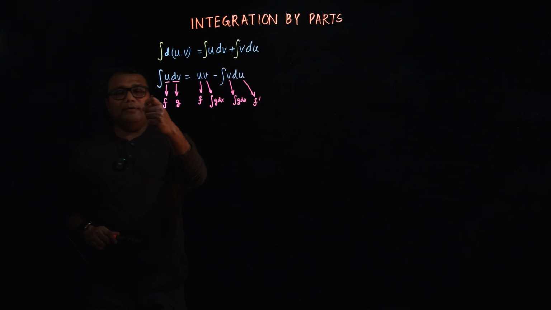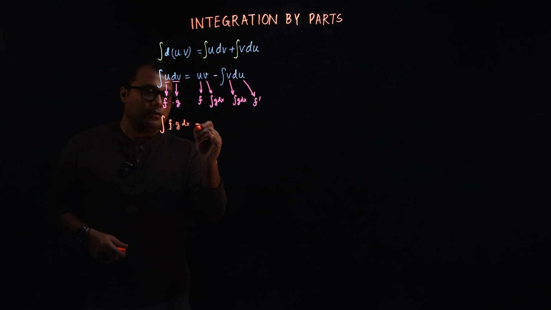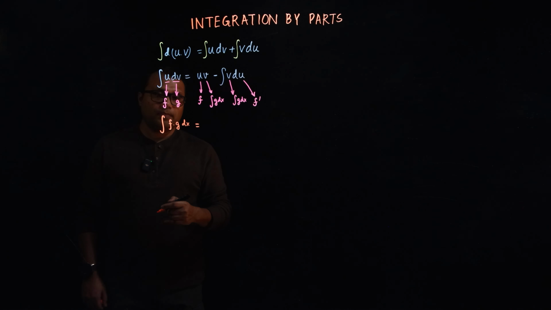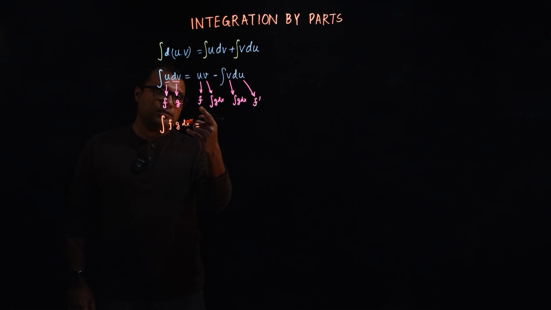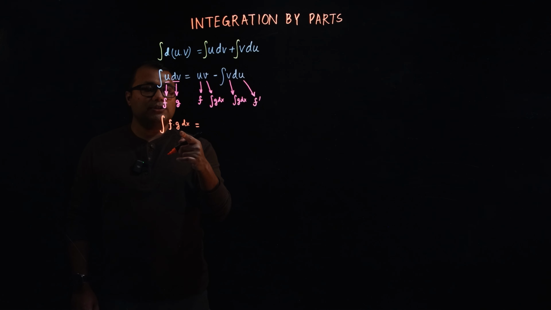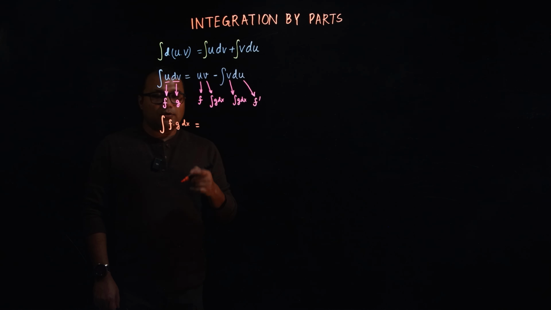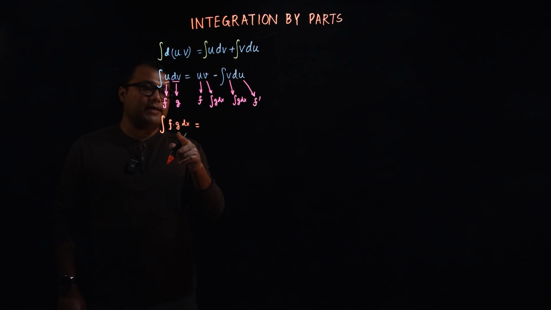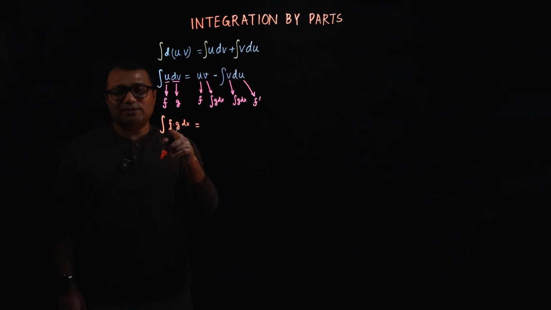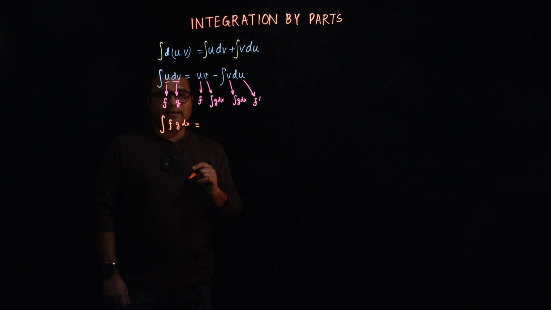Now if we write this in terms of f and g, we can write integral f g dx, a product of two functions. Obviously we will choose f and g such that f is the function which is easily differentiable and g is the function that is easily integrable.